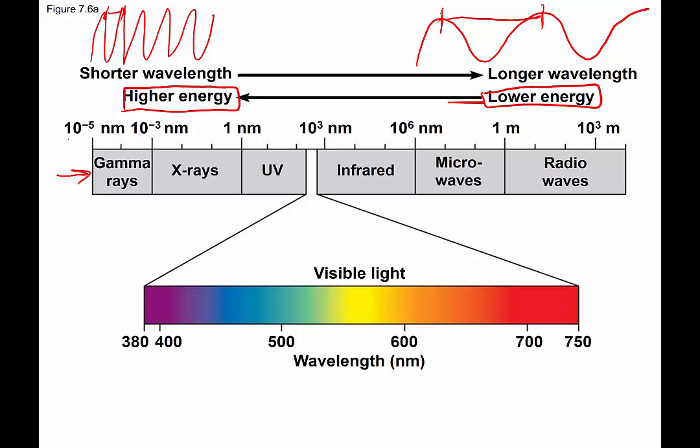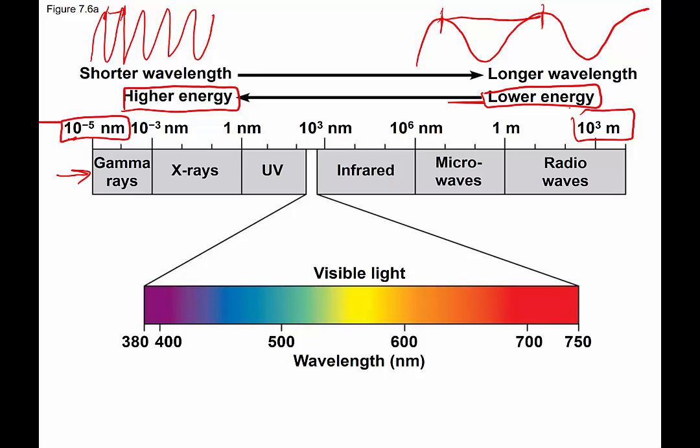As you can see, we can actually quantify the distance of the wavelengths, or the distance of the peaks. Here we have 10 to the negative 5 nanometers, and something like a radio wave, which has very, very long wavelengths, can go up to 10 to the 3 meters. So you can go from very small wavelengths, like in gamma rays, all the way up to very large wavelengths, as in radio waves.